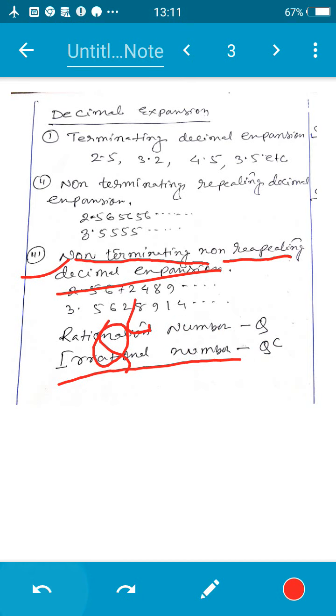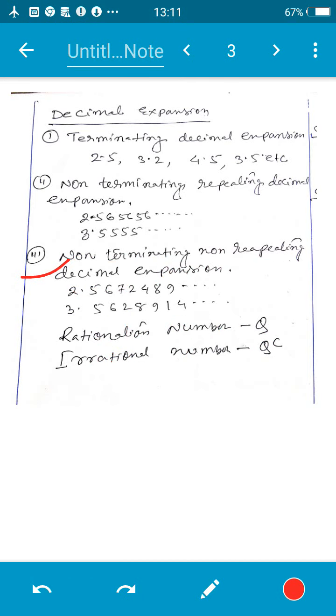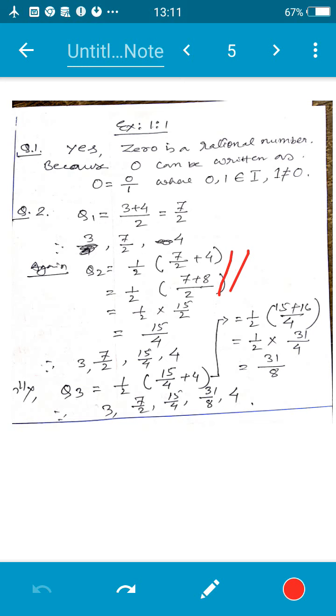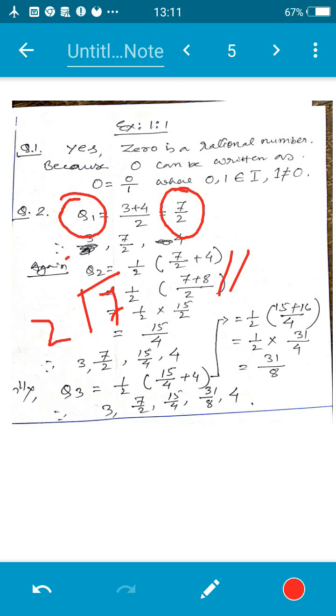Okay students, let us make a relation between the rational number and this decimal expansion. For this, the first rational number between 3 and 4, we have got 7 by 2. Then what is actually that 7 by 2? 7 by 2 means, when we divide this 7 by 2, we get 3 times 2 is 6, that is remainder is 1.